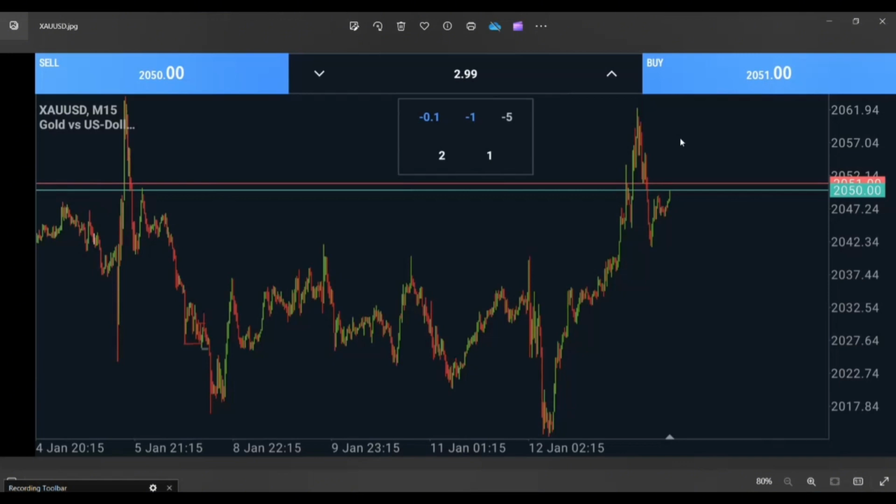There are two types of order. There is an instant execution or a market order, and there's a pending order. A pending order is when you don't take a trade instantly. It's when you place a trade before that trade plays out. But an instant execution is when you take the trade immediately. If you step into the market and you see the price of gold now, you want to sell gold at that price, 2050.00.